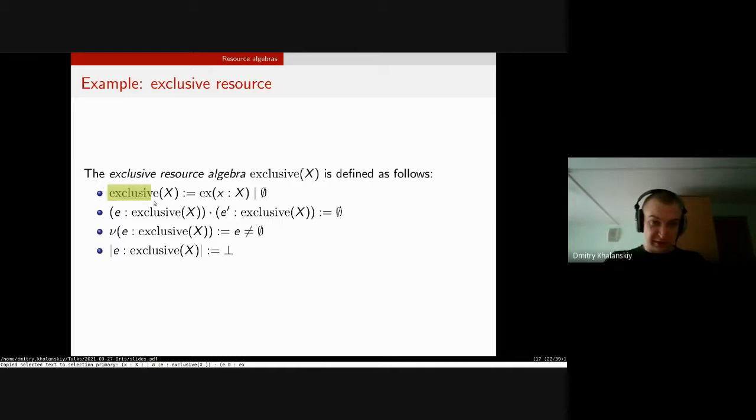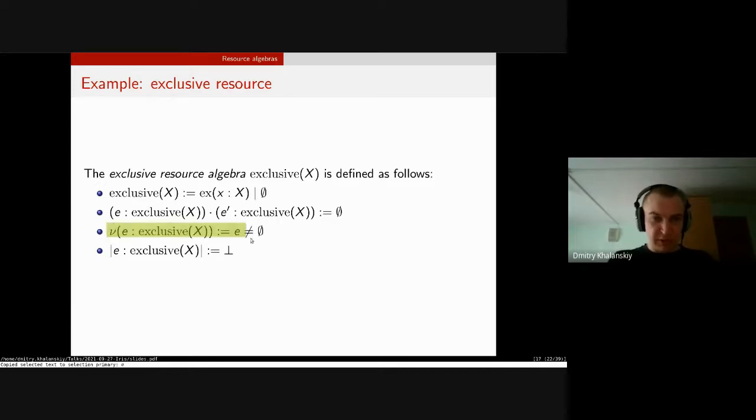Why is this called exclusive? It's because there can't be really 2 different instances of an exclusive resource. If we have 1 exclusive resource and we have another exclusive resource, then their composition always results in the invalid value.